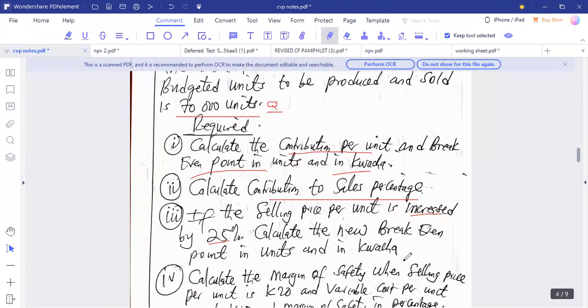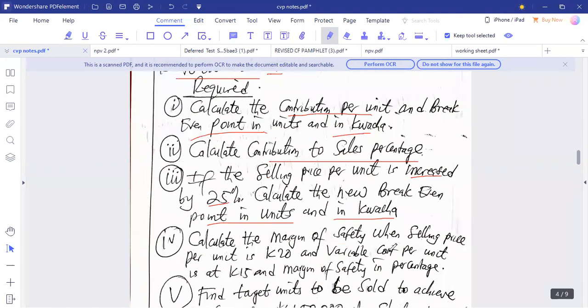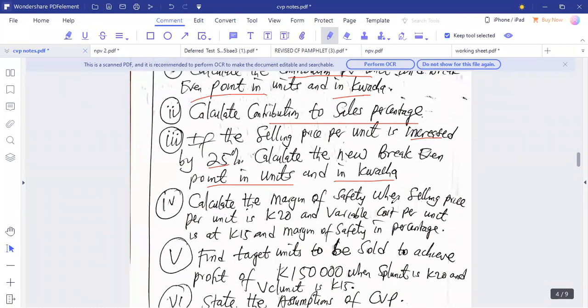Calculate the new break-even point in units and in kwacha. So depending on that, then calculate the margin of safety when the selling price per unit is at 20 kwacha and variable cost per unit is at 15. And then the margin of safety in percentage at this level.